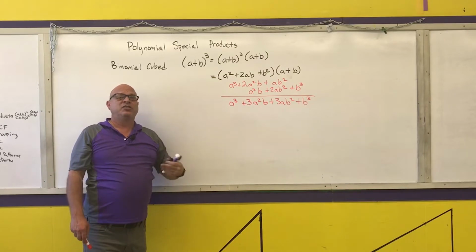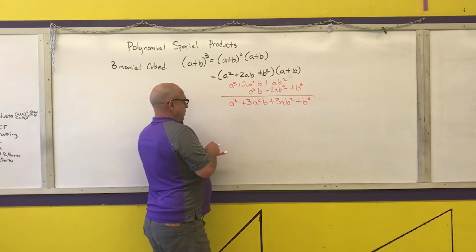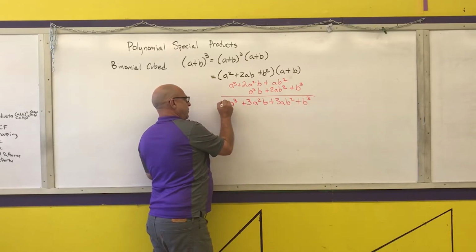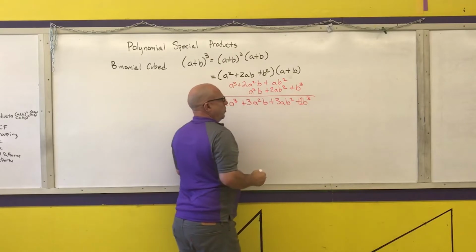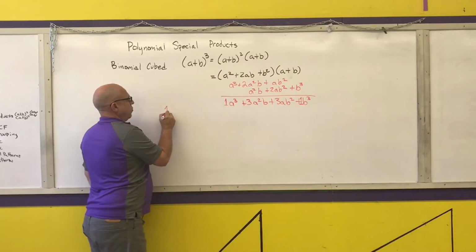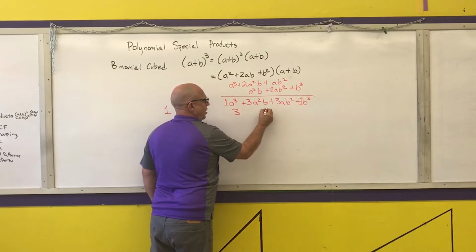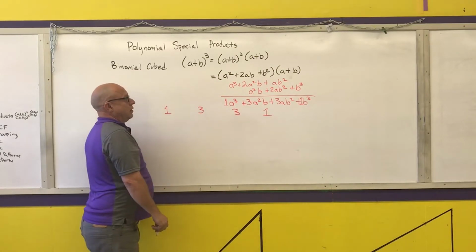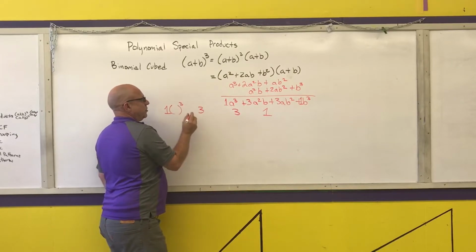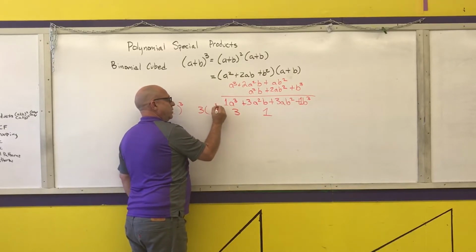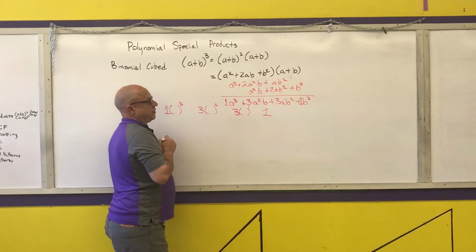Okay? And here's the way I want you to think about it. I have 4 numbers. 1, 3, 3, 1. This first term is going to be multiplied by something cubed, then something squared, then something to the first.